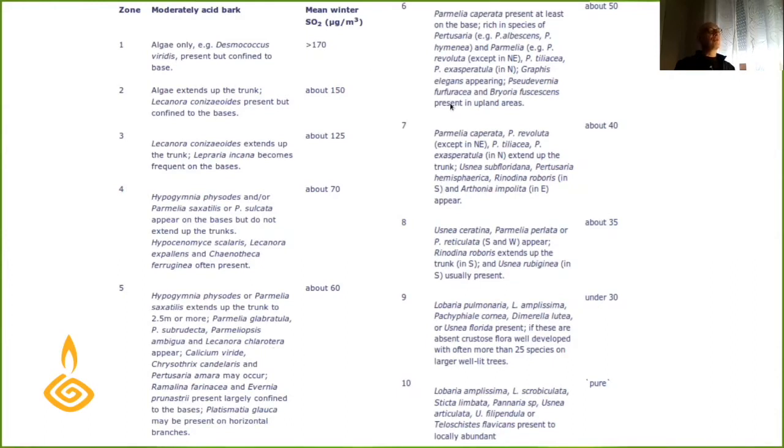So you have to go and check the assemblages based on the presence or absence of several indicator species.